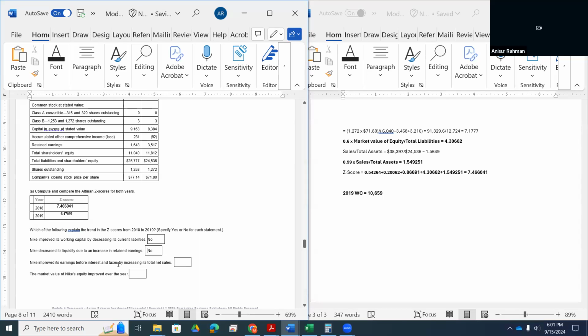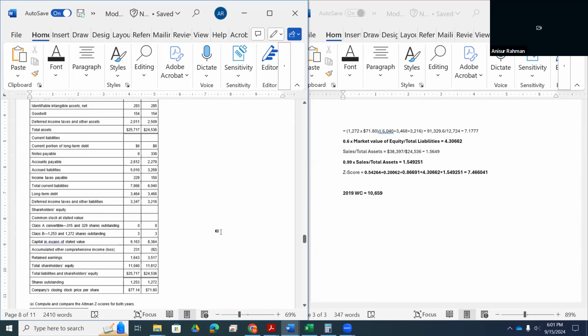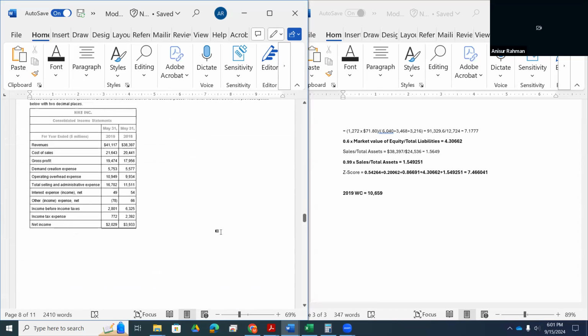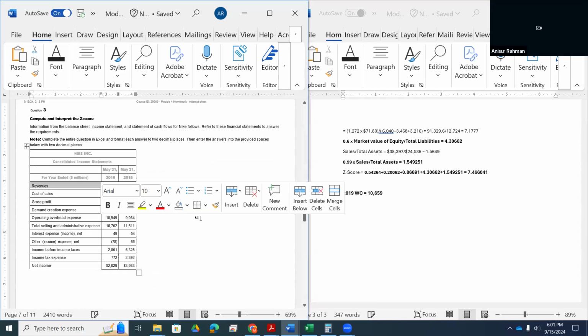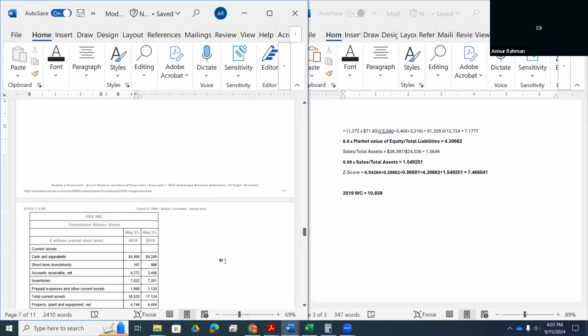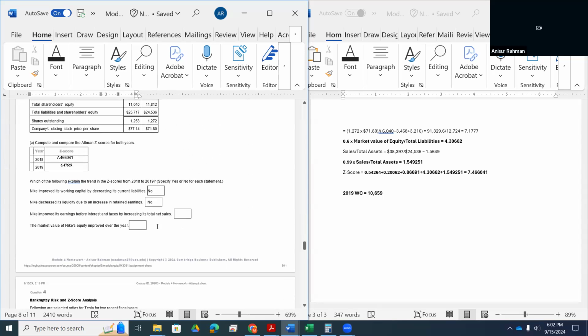Nike improved its earnings before interest and taxes by increasing its total net sales. So net sales did increase.